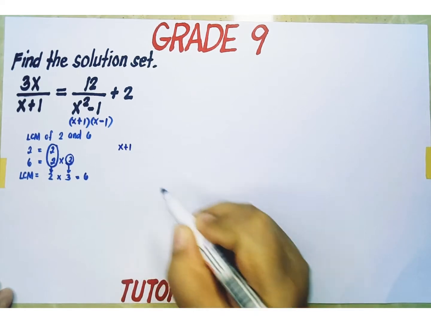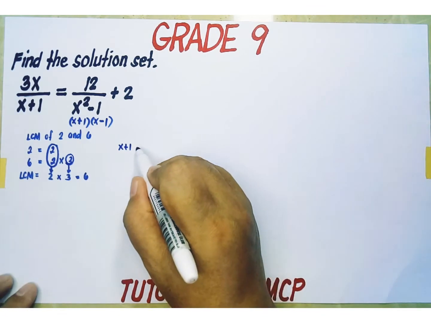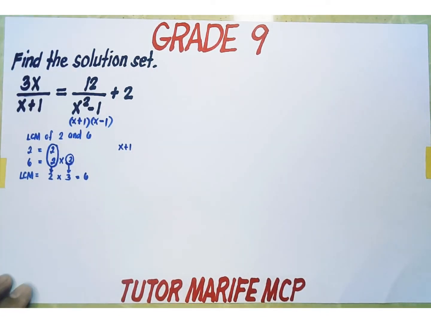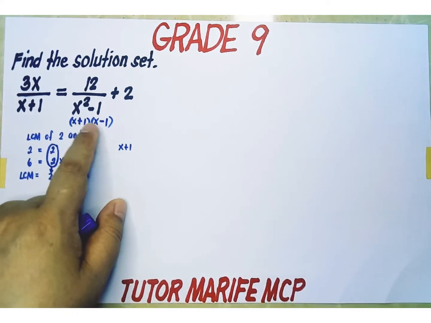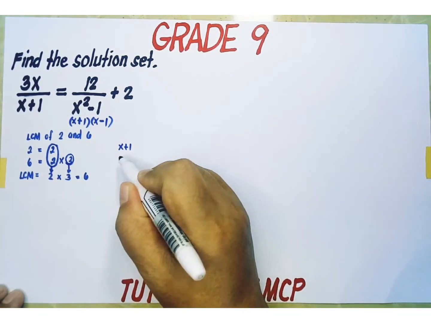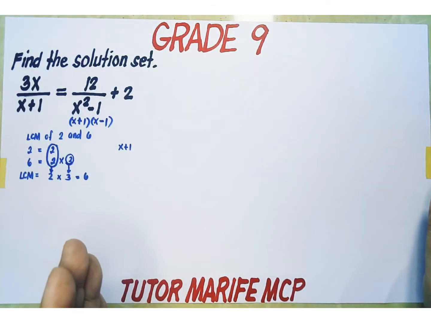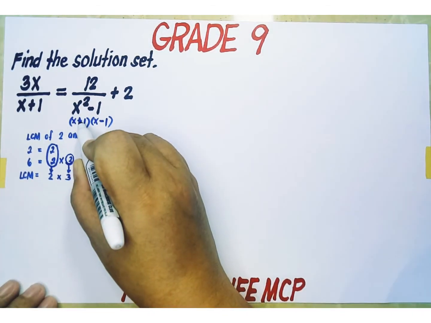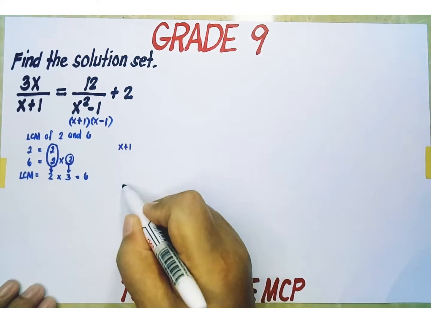Yung x plus 1 mo, since it's a prime expression, ang prime factor niya ay x plus 1. It's itself. Okay? Ito namang x squared minus 1, na prime factorize mo siya. Ito yung prime factors niya. So, isusulat mo na naka-align sa isang column yung matching prime expressions mo. So, ito, magmamatch doon sa x plus 1. So, i-align mo.